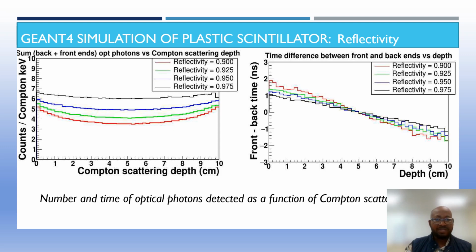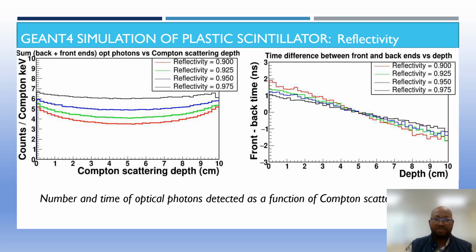So from here we can see that the number of optical photons detected increases with an increasing reflectivity. So the black representing the reflectivity of 0.975 shows the highest number of optical photons, whereas the reflectivity of 0.9 represents the least number of optical photons detected.